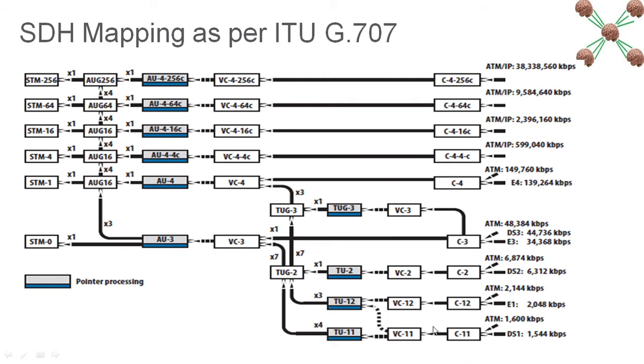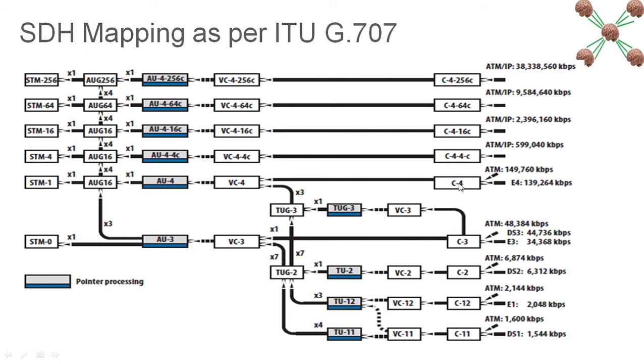If you have clients of very low rate, you can multiplex several of them. You can multiplex 63 E1s to make one STM1.